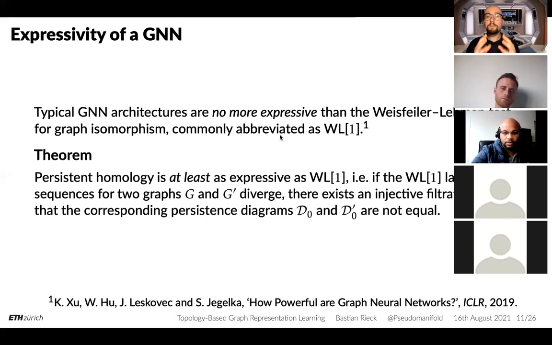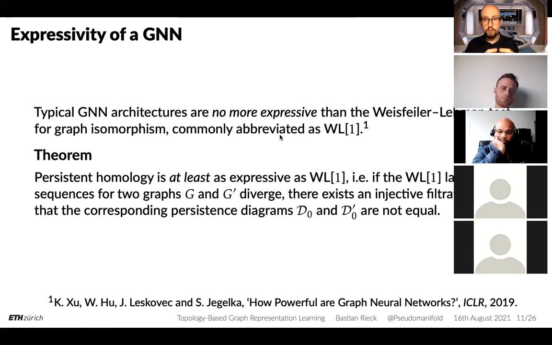So this means that if the WL test tells you that two graphs are not isomorphic, so they cannot be transformed into one another, then the best graph neural network can also not beat that test. So essentially, this is an upper bound for what graph neural networks can detect. At least what some current graph neural networks can detect.